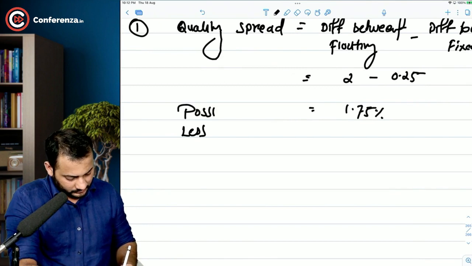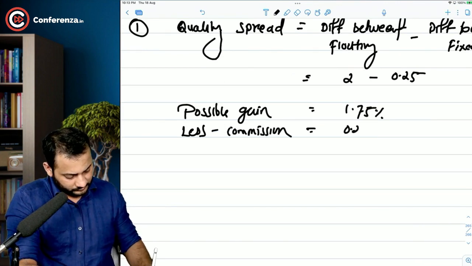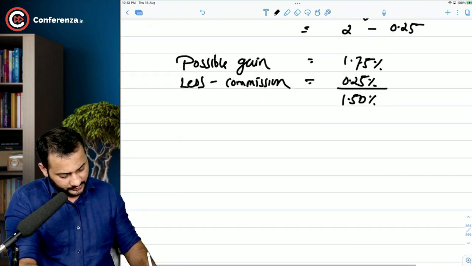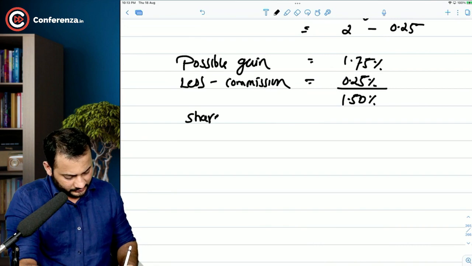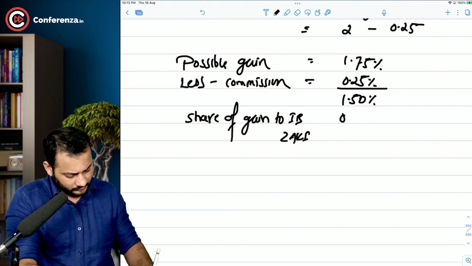Possible gain less commission of the institute 0.25%, so 1.5%. In this, share of gain to IB to Zaki is 0.75.